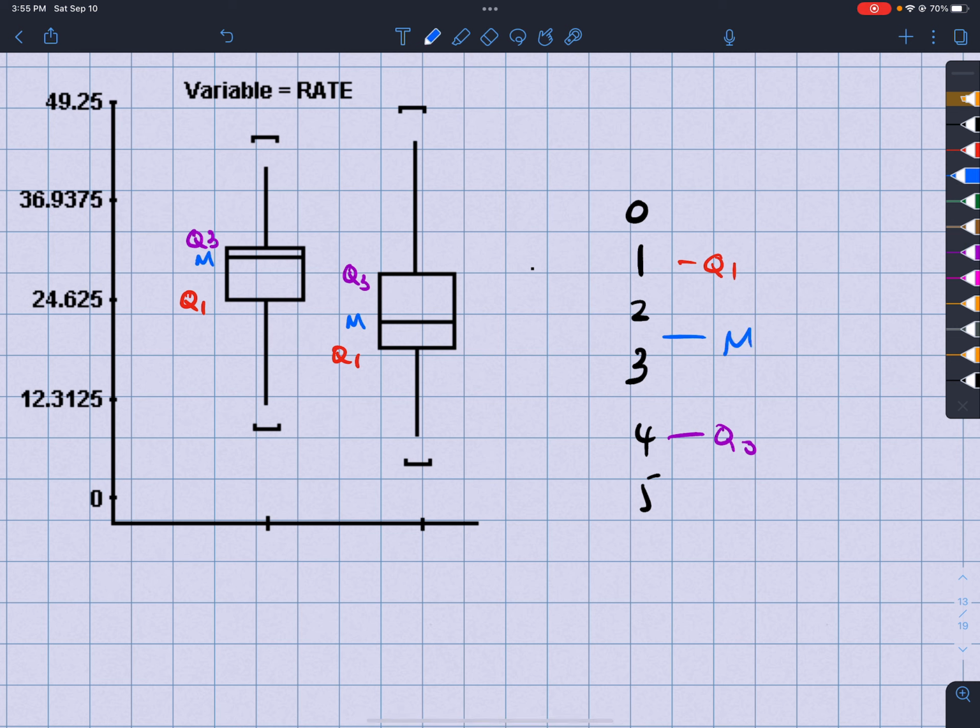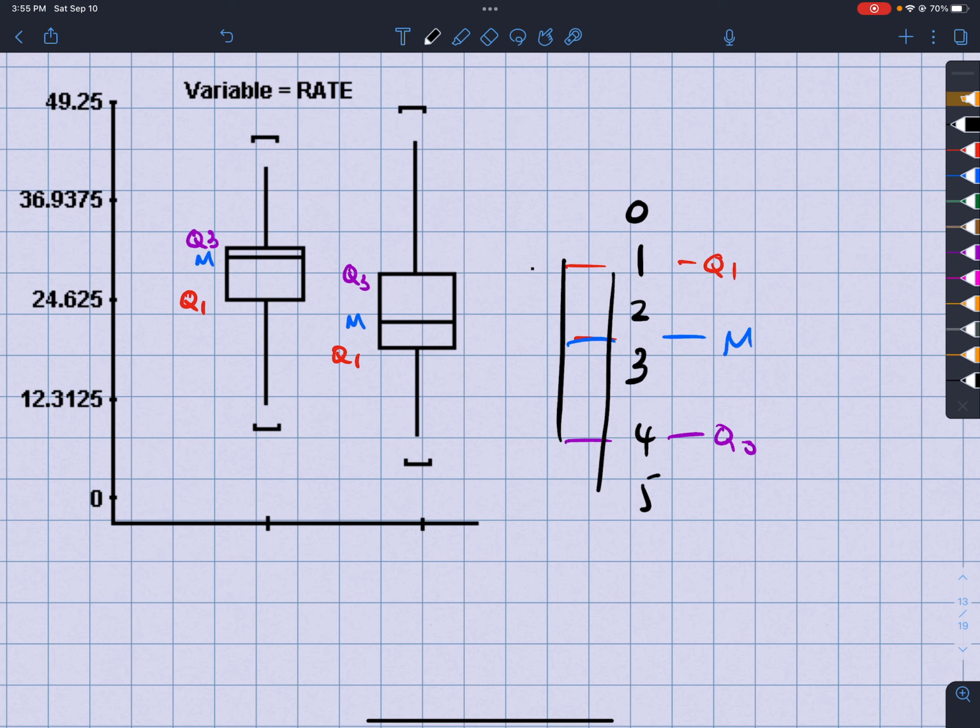You notice the numbers only spread by 1 point, so this box is going to be pretty close, because it's going to be 1, 2.5, and 4. If you put down a number line, it's very, very close.